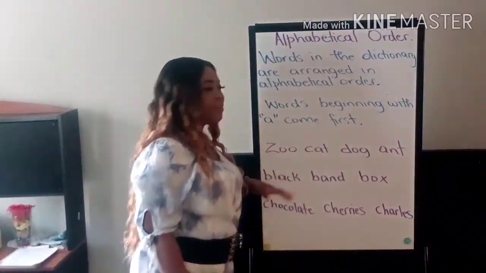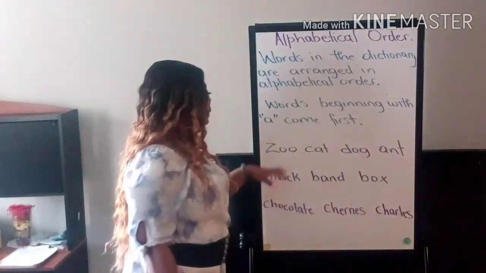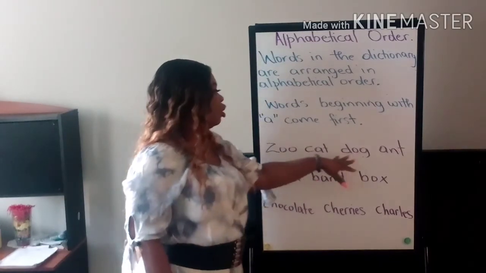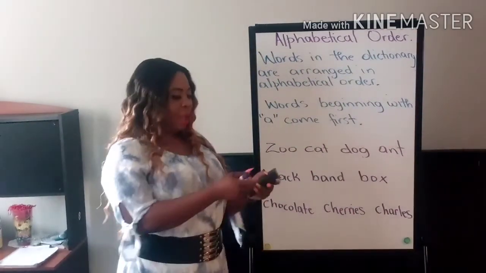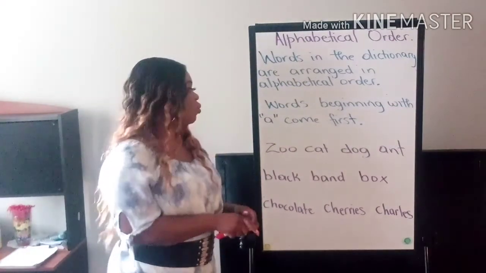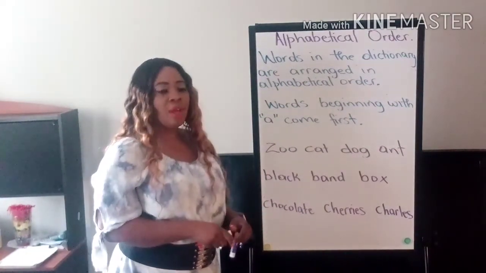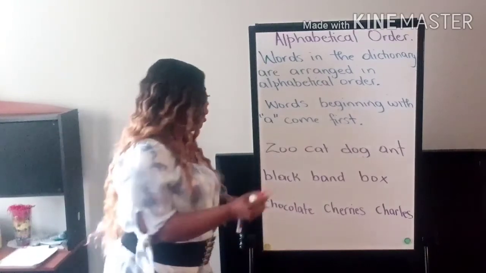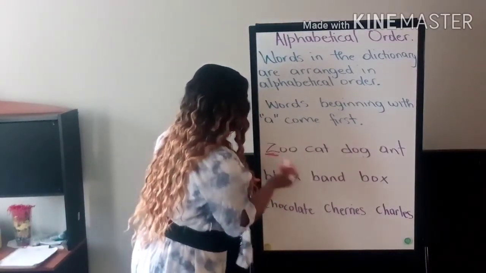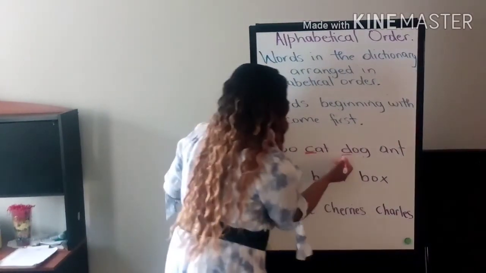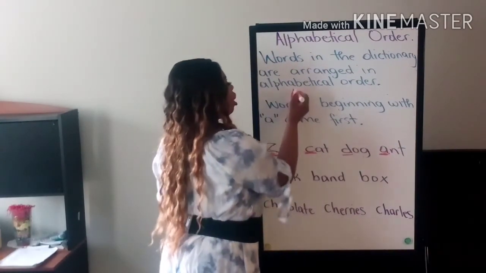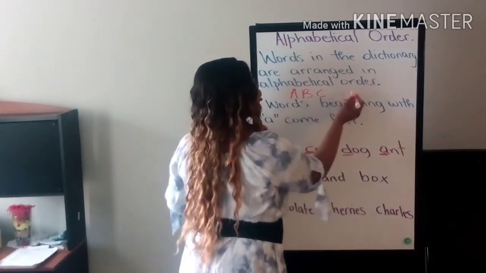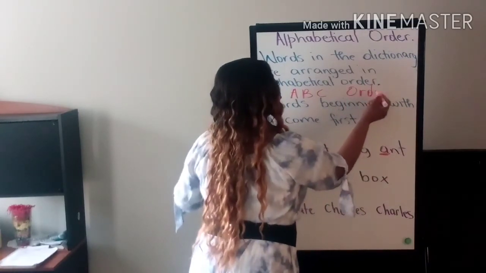All right, let's jump right into it. So, here I have some words on the board. I have zoo, cat, dog, ant, right? Now, when you are placing words in alphabetical order, or as some people call it, ABC order, you will look at the initial letter.